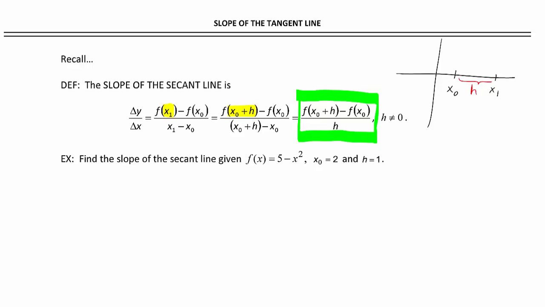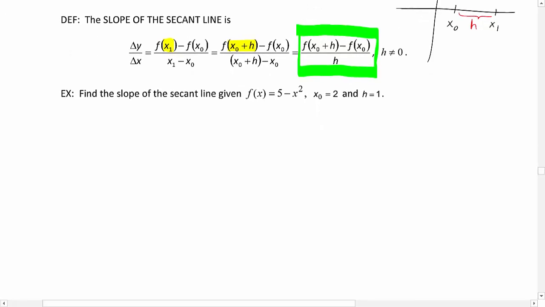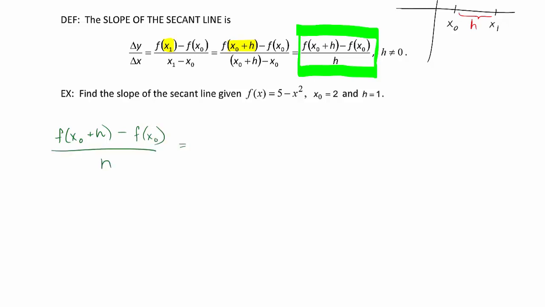So let's find the slope of the secant line given f of x equals 5 minus x squared, where x sub 0 is equal to 2 and h is equal to 1. So we're just plugging into that formula I have highlighted there in green. f of x sub 0 plus h minus f of x sub 0 all over h. Let's plug in.